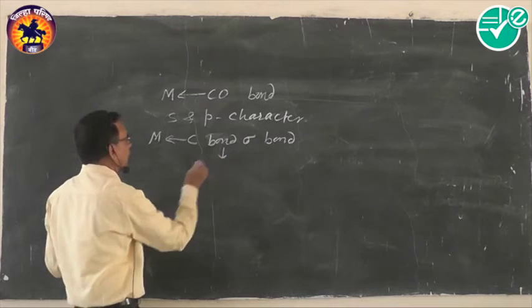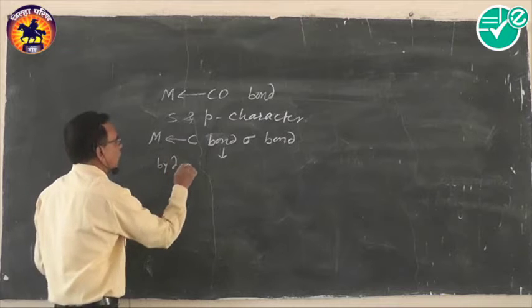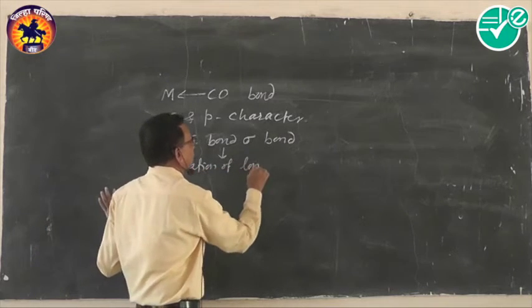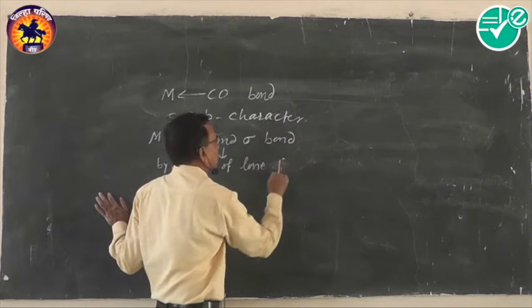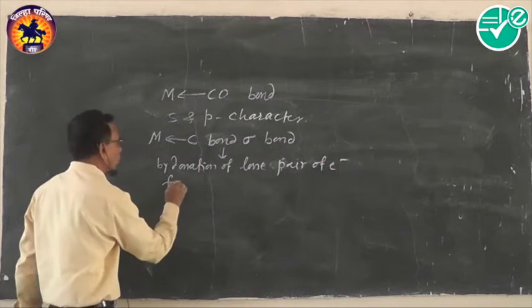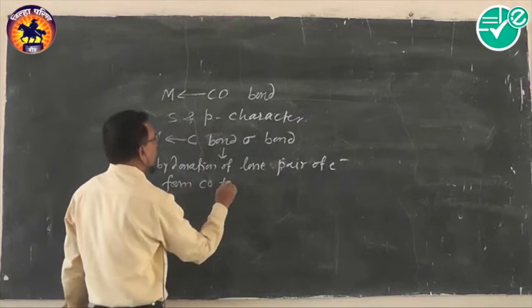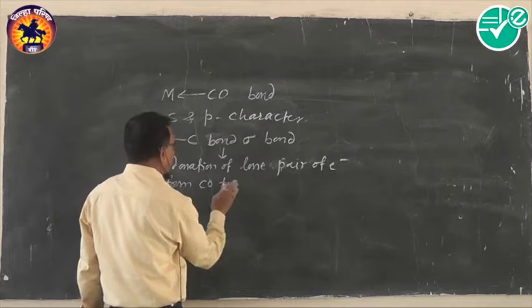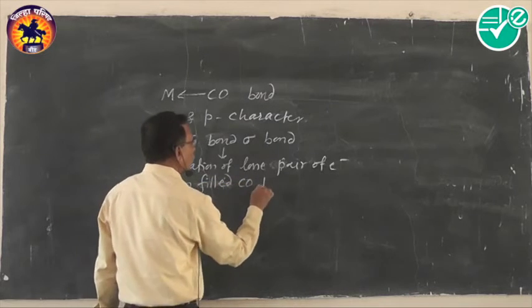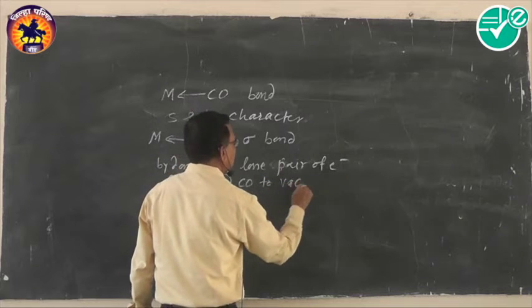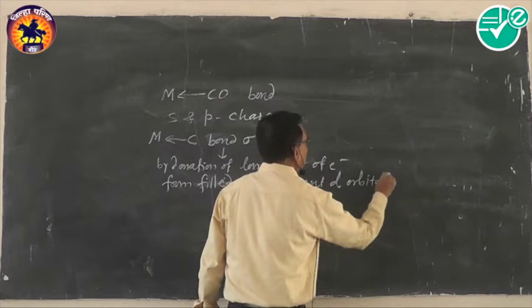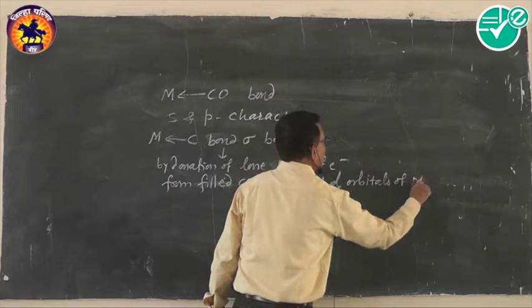The sigma bond is formed by donation of a lone pair of electrons from the carbonyl group to the vacant d orbitals of the metal.